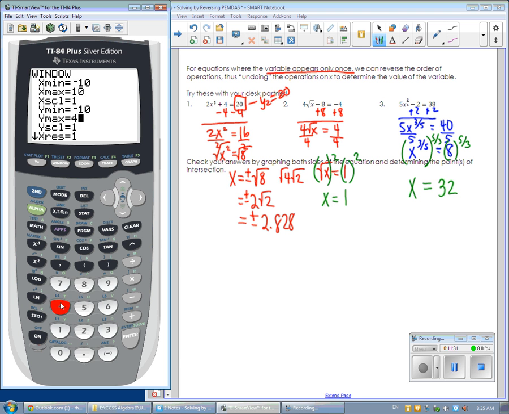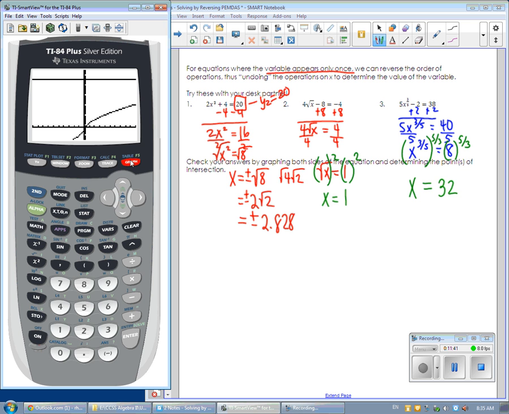I'm going to make it go to 45. Okay. So when I look at my graph, I can see that the graphs don't intersect yet, but I can see that they look like they will intersect if I could just move the screen a little bit further to the right. So moving it to the right means that I need to increase my x max.